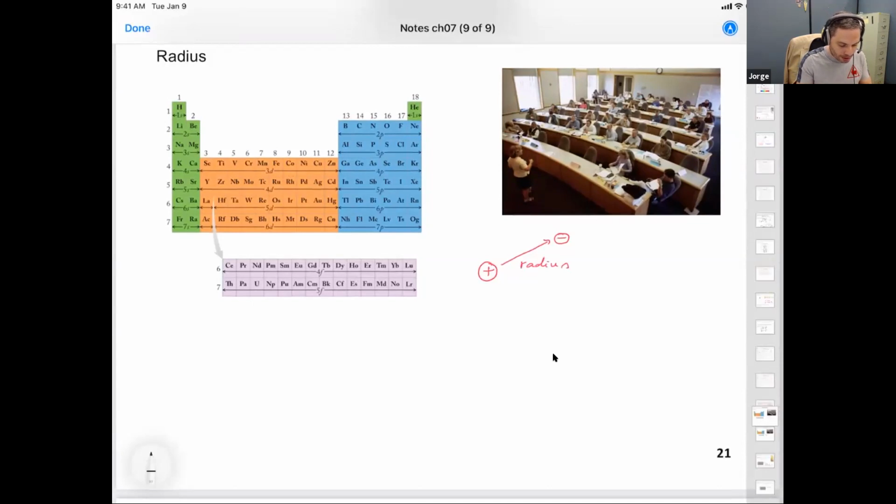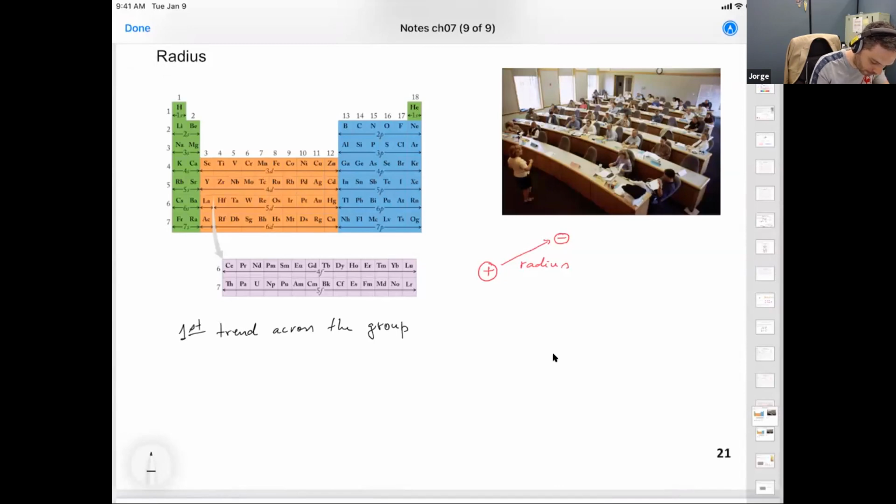So to rationalize the periodic trend of radius, we will analyze first the trend within the group or within the column, and then across the period. So first, let's talk about the trend across the group.